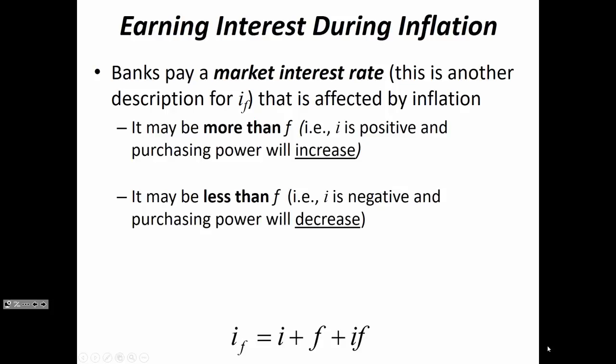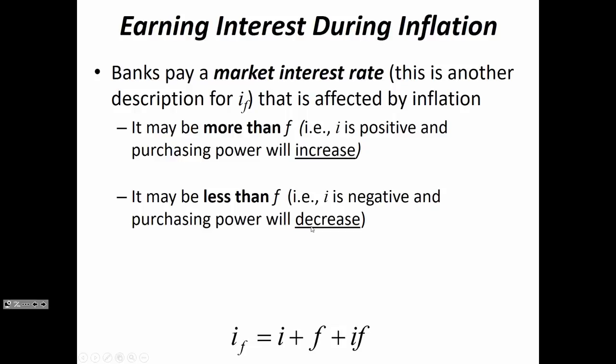Now, the market rate that you receive may be more than inflation, which is F, and in a situation like that, that would lead to a positive real interest rate, I, meaning that your purchasing power is going to go up over time. Unfortunately, right now we're in the situation where the market interest rate is less than inflation, which means you have a negative real interest rate and purchasing power is decreasing over time.